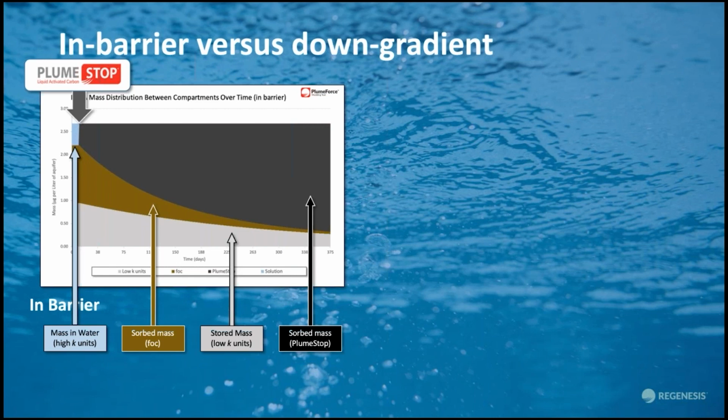The mass sorbed to the PlumeStop carbon therefore progressively increases, but the total mass in the system stays exactly the same. Most of this process is hidden from view. The groundwater that we can measure in monitoring wells remains non-detect or low, but the situation in the subsurface is changing.